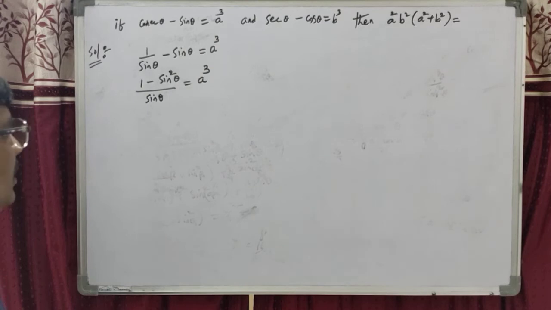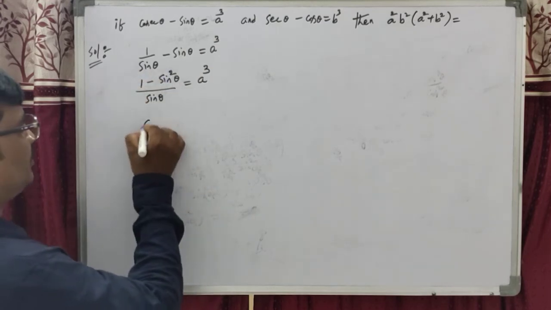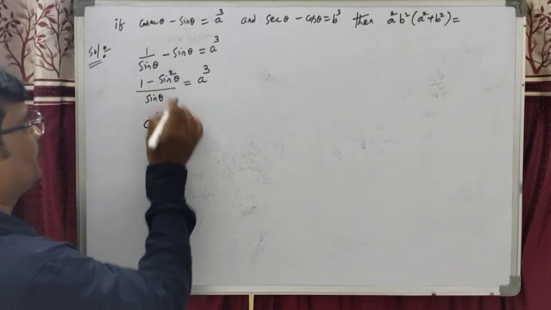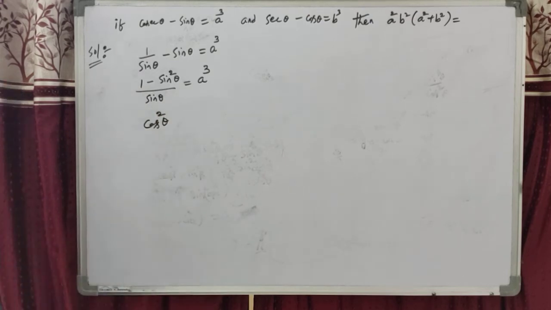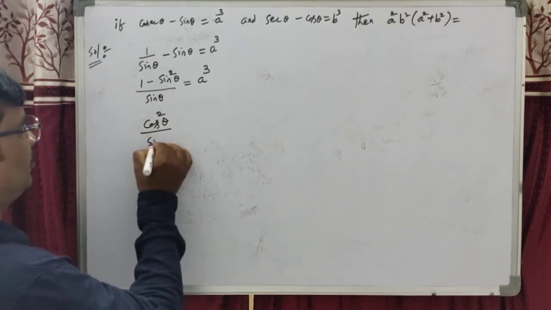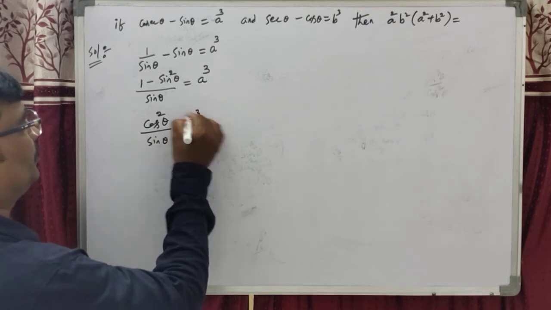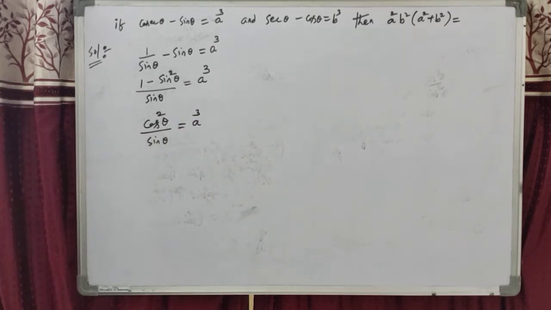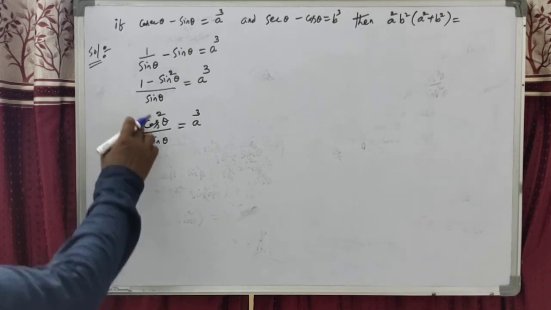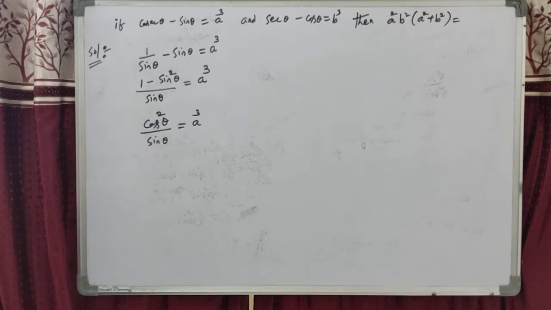Now 1 minus sin square theta is cos square theta upon sin theta, equal to a cube. Dear students, this is cos square theta by sin theta equal to a cube.